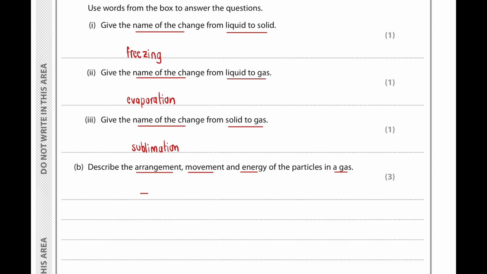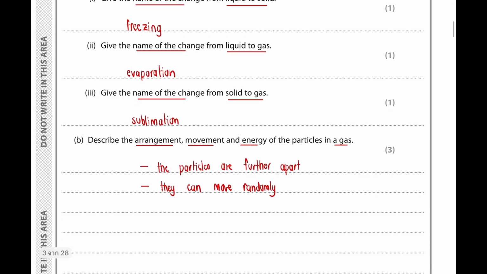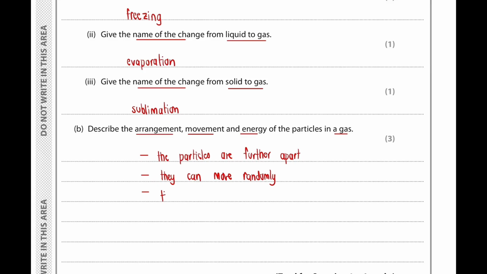So first one, the particles are further apart and they can move randomly, and the energy is less, since the attraction force between the particles is less.